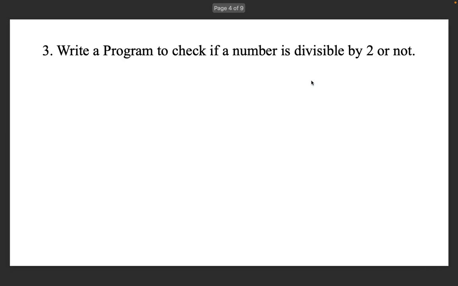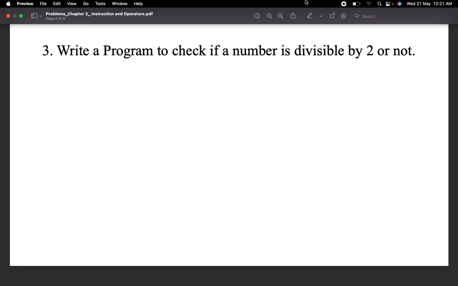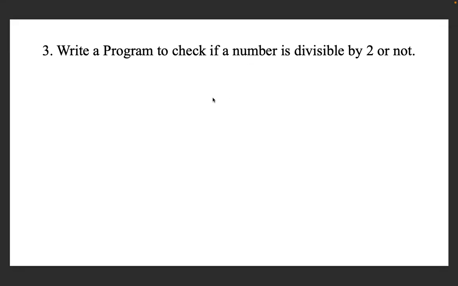Okay, so the next question is, write a program to check if a number is divisible by 2 or not. So how to solve this problem is by using the modulus operator. Anything which is divisible by 2, suppose 5.